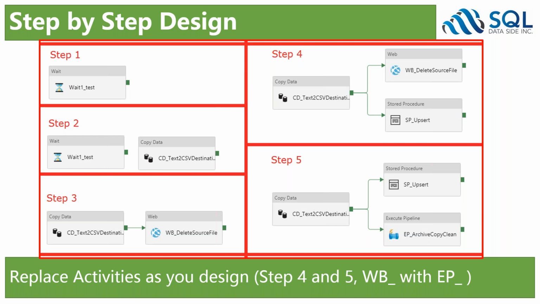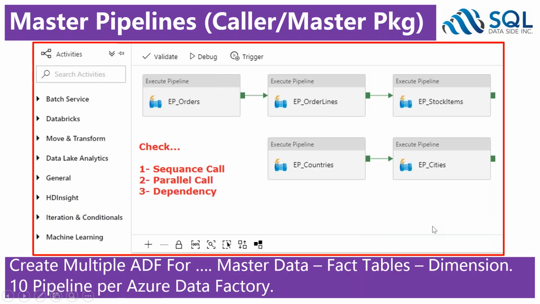A different location is a different pipeline. So in step 4 on the top, which is the web, and step 5, which is the execution pipeline, guess what? The deletion source went into another pipeline, and I renamed it to clean, copy clean. Okay.